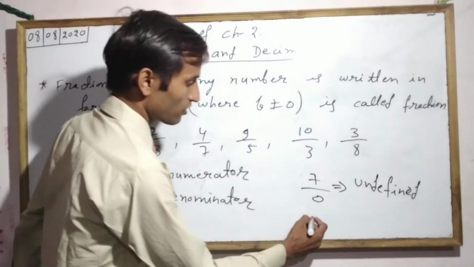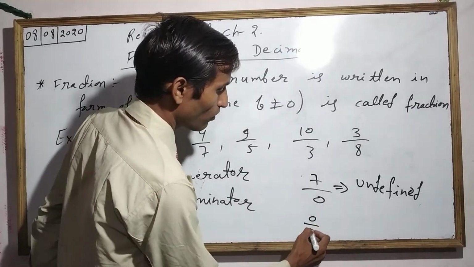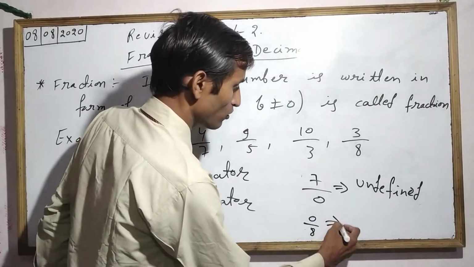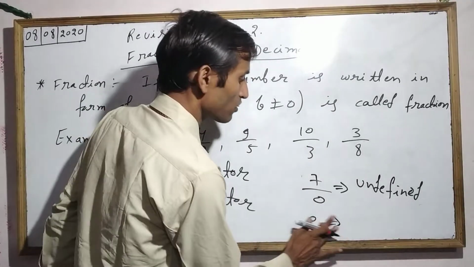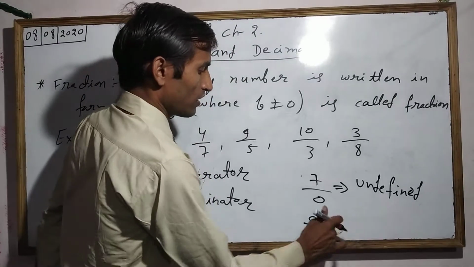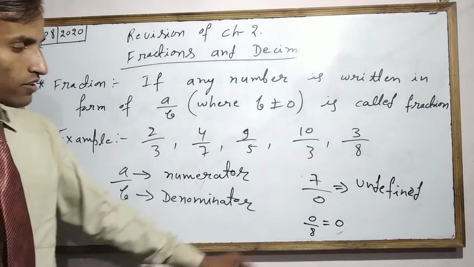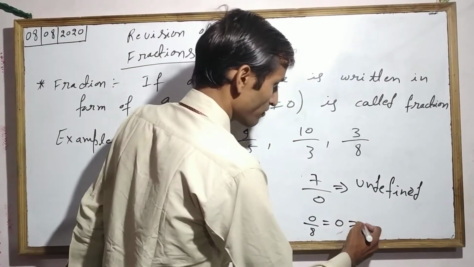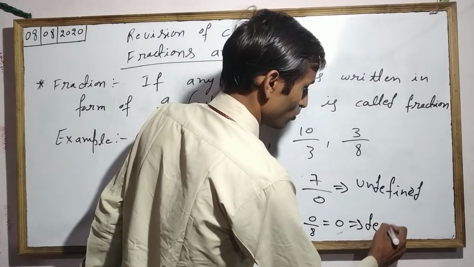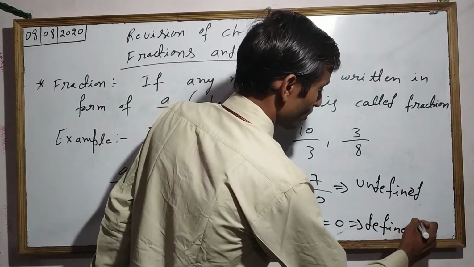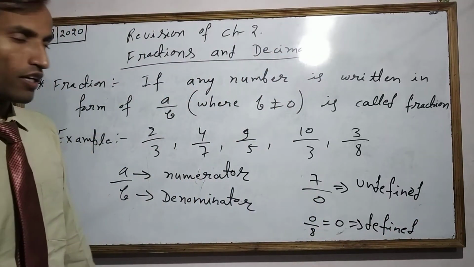For example, 0 upon 8 is possible. 0 upon 8 means 0 only, so it is a defined value, that value is 0. But the denominator will never be 0.